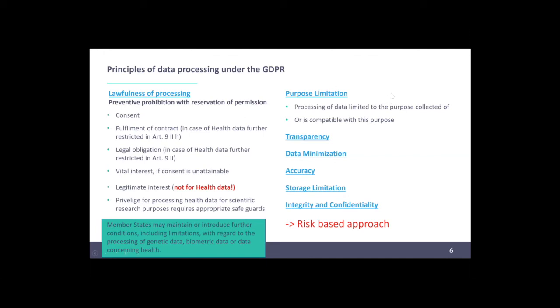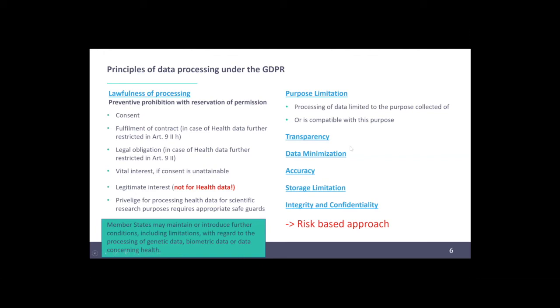Another big issue in processing of personal data under the GDPR is purpose limitation. If you collect data for one purpose, you can only process the data for this purpose or a compatible purpose. You also have to be transparent. You have to keep in mind that you only collect and process the data that you really need to do so.